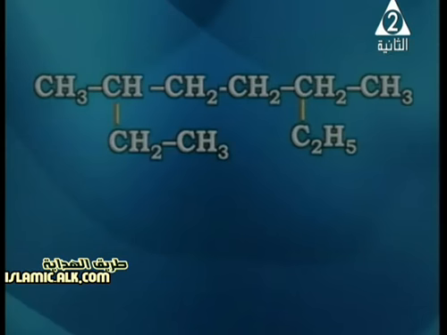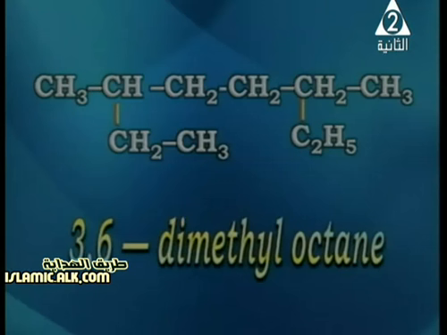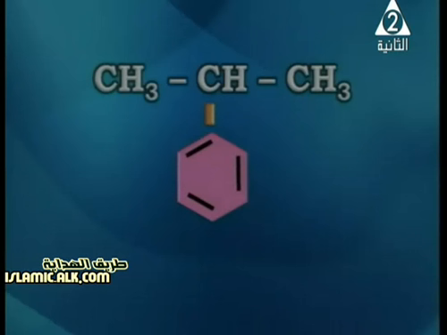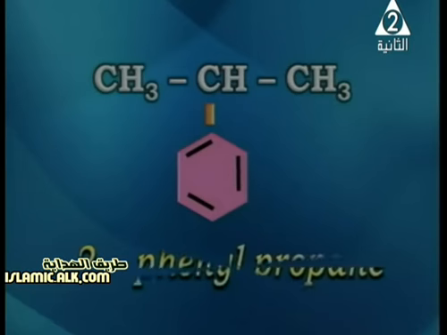Here, my dear student, if you name this compound, you will find that the name will be 3,6-dimethyl octane, as the longest chain is 8 carbon atoms. Next one, here the propane has a substitution on carbon number 2, a phenyl radical, so it will be named 2-phenyl propane.